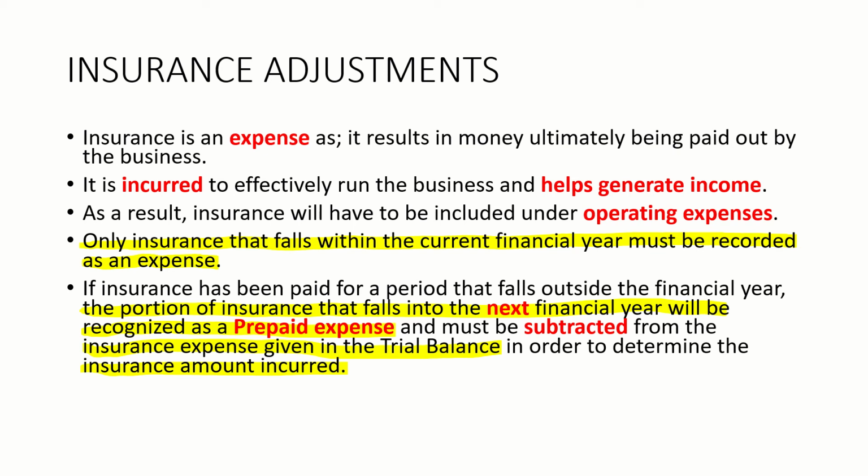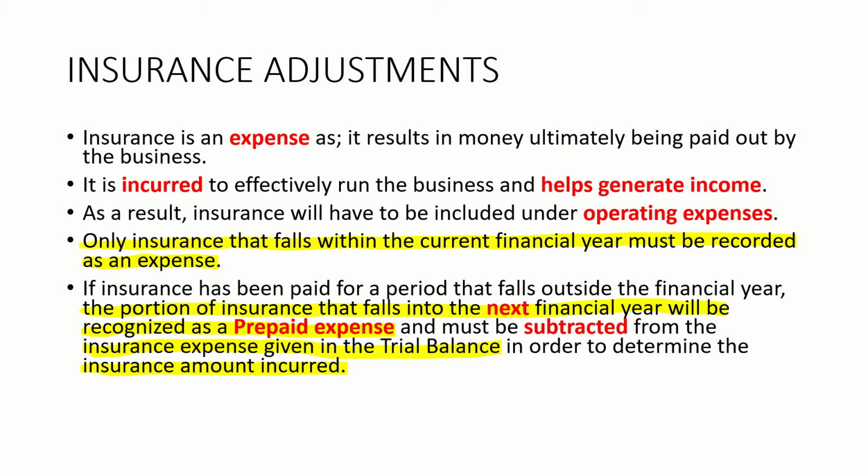If you take the total insurance amount that has been paid and you minus the insurance amount that does not fall within the current financial year, you will be left with the insurance amount that falls within the current financial year. That amount will be regarded as an expense.